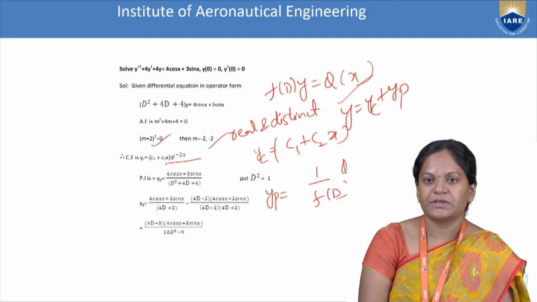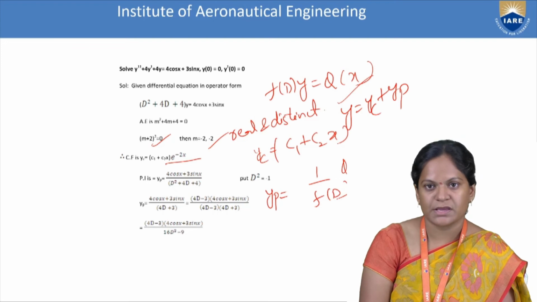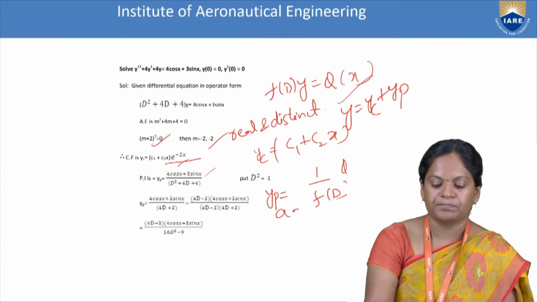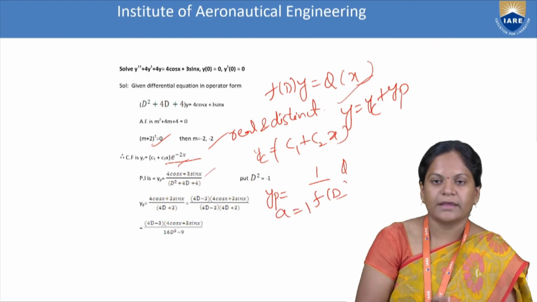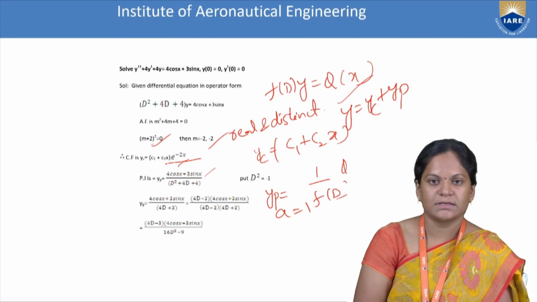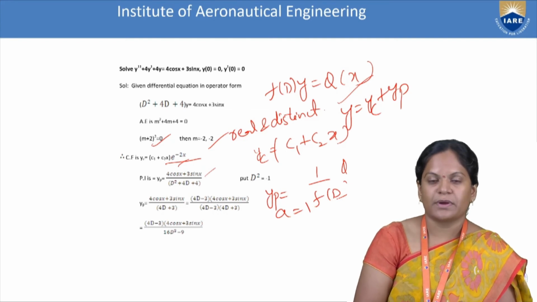In place of d square, first replace minus a square in the cos term or sin term. In both cases we have a equal to 1, since the terms are sin ax or cos ax. Substitute d square equal to minus a square, and minus a square is minus 1.